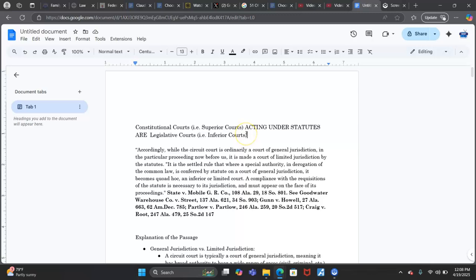So basically, this is it right here. Constitutional courts, i.e. superior courts, aka courts of general jurisdiction, acting under statutes are legislative courts, aka inferior courts, aka courts of limited jurisdiction. That is what they are. That's what they're doing. That is how they're confusing the shit out of everybody.